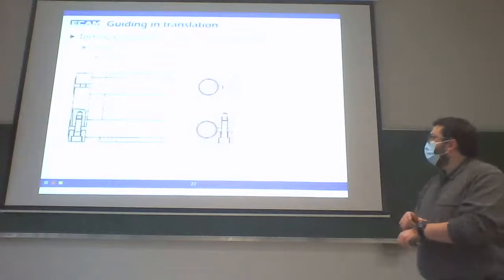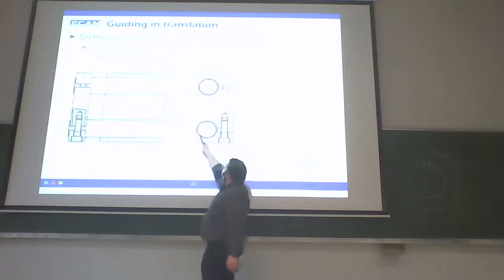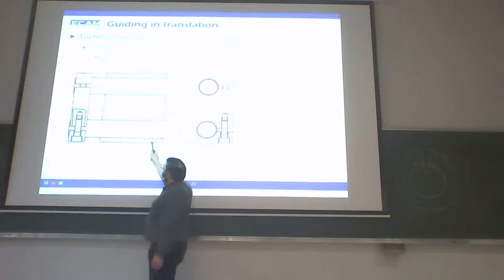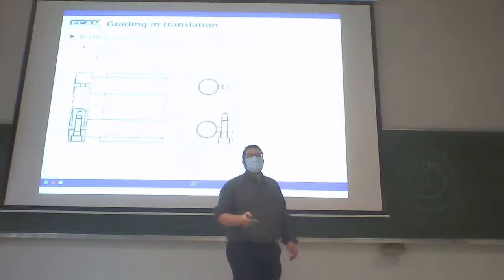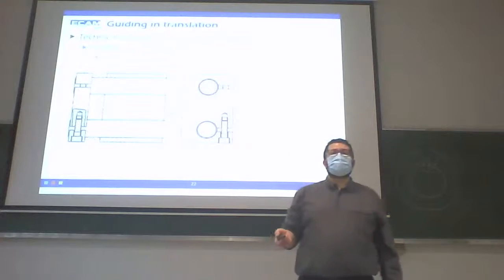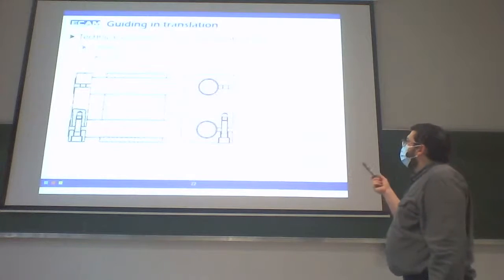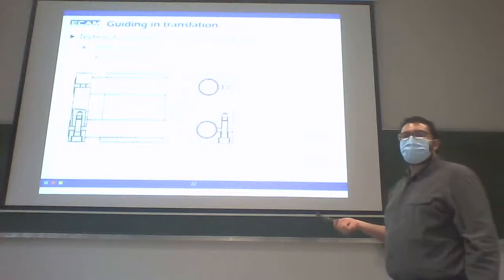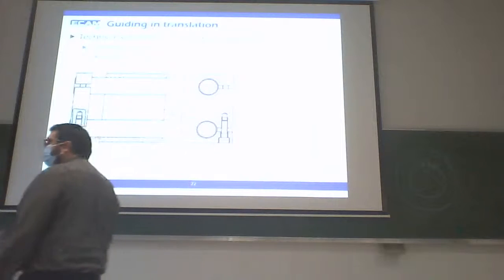The example is like this: a cylindrical joint here, but I have a second cylindrical joint. The second cylindrical joint will be used to stop the rotation of the first one. For the functioning of a system like this, the precision of the parts is very important.